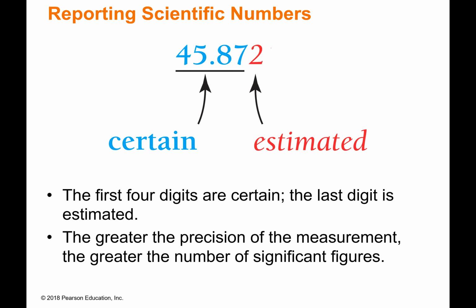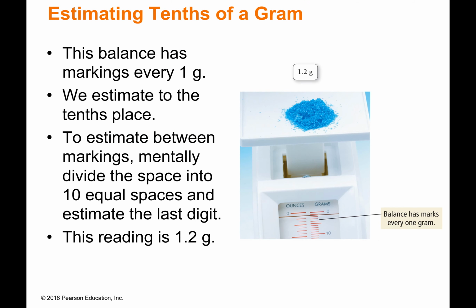Remember, going back to our example, we had certain digits and an estimated digit. So where does that estimated digit come from? This is where it comes from. We can know for certain the 1. They've gone ahead and told us it's 1.2, but I'm going to show you how they got that. The 1 is our certain digit, and the estimated digit, they say here, is 0.2.